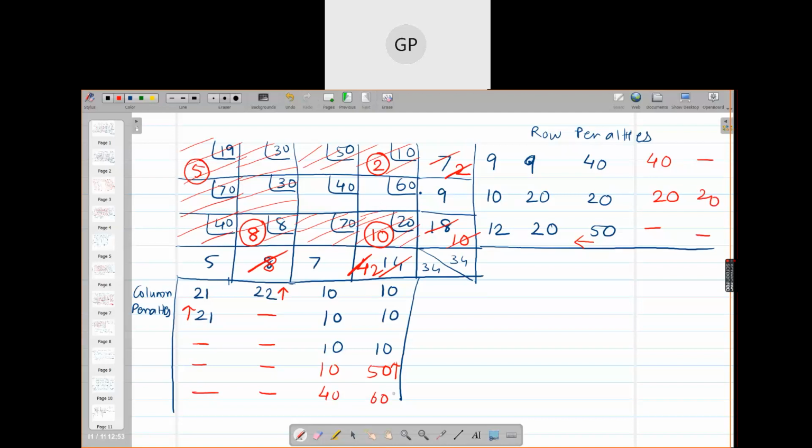So again 60, 2. And there is only 1 cell remaining. You have to consider it to be the least one. So actually, if you use common sense, you do not require to find the penalties again. You can simply put 7 and 2 units respectively.